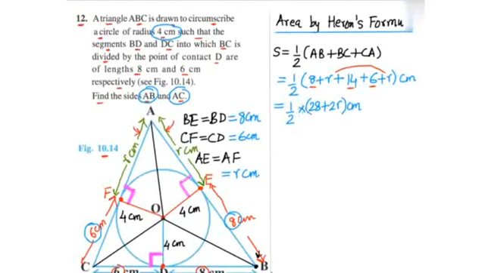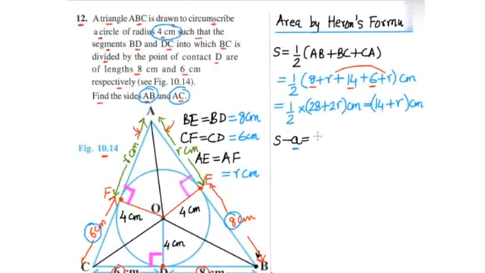If we multiply by half, we will get 14 plus r. So 14 plus r centimeters is the semi-perimeter. Now we have to calculate the semi-perimeter minus each side. So basically s minus a, s minus b, and s minus c. So s minus a will be, the side with length a, we can take as BC.